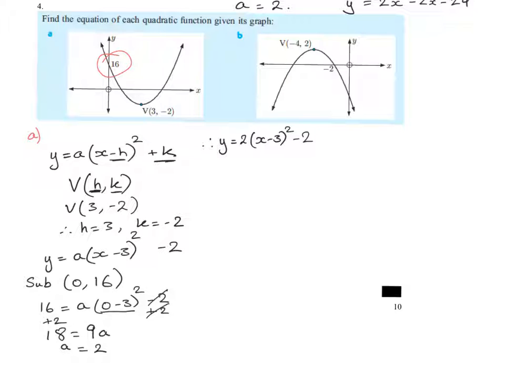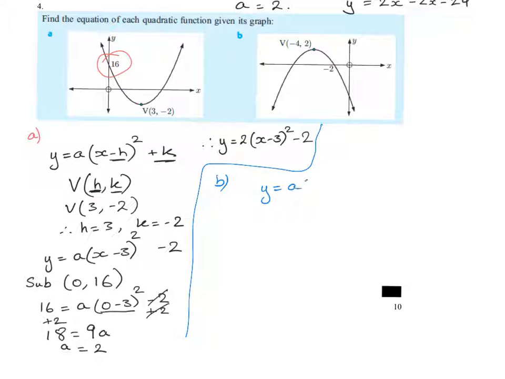Okay, so for the next one, I'm just going to put a box. So for B now, it's a similar sort of thing. Once again, I know the vertex of the graph, (-4, 2). Therefore, I need this form again.